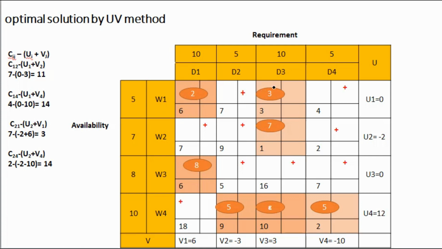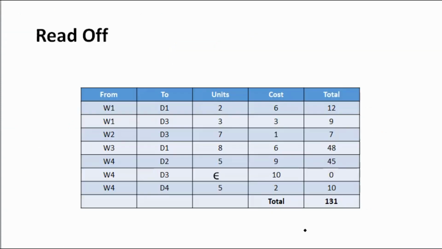Similarly, from W1 to D3, the number of units transported is 3, cost of transportation is 3 per unit, so therefore 3 into 3 is 9. Similarly here, it will be 7 into 1, here it is 8 into 6, here it is 5 into 9, epsilon into 10, 0, and 5 into 2 is 10. Now all this is tabulated in this particular table, and we get a total cost of 131 rupees.